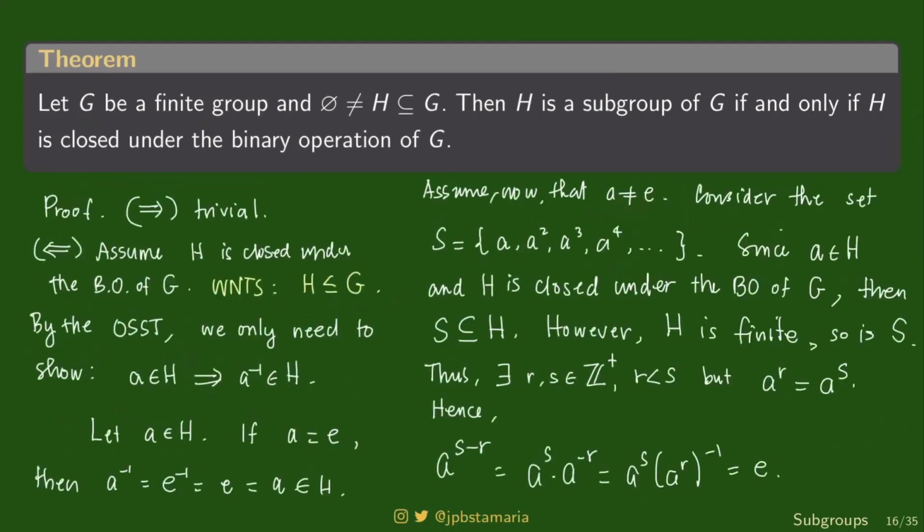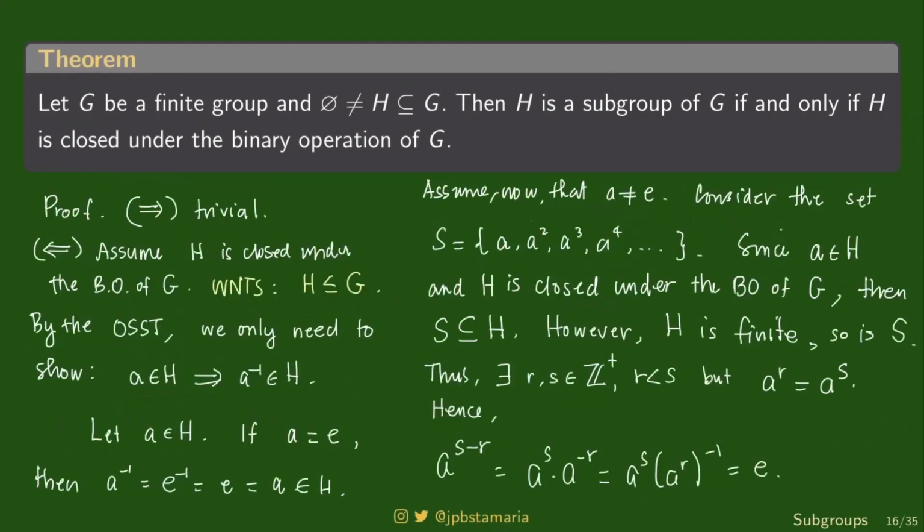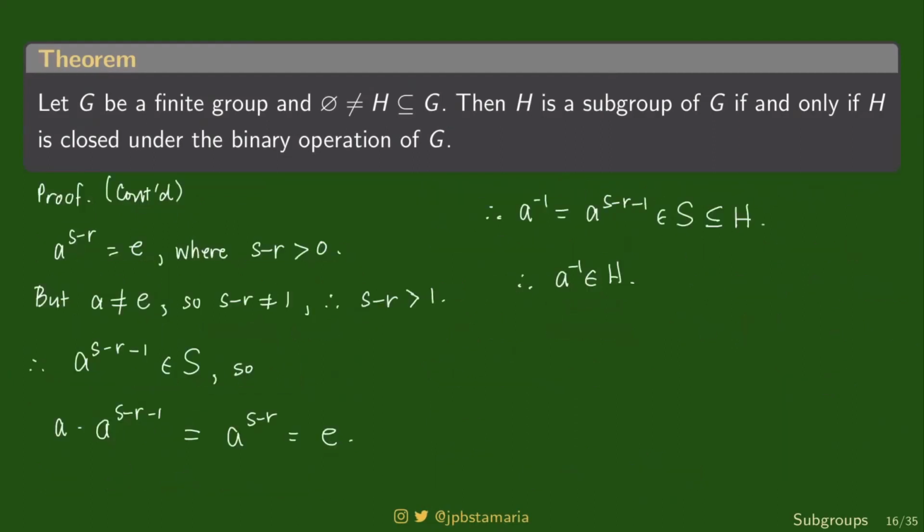Na-prove natin na kapag si A ay nasa H, yung A inverse nandoon din sa H, which is what we wanted to show. Okay? Medyo mahaba yung proof, pero hindi naman. Therefore, we were able to achieve what we wanted to achieve. Therefore, H is a subgroup of G.